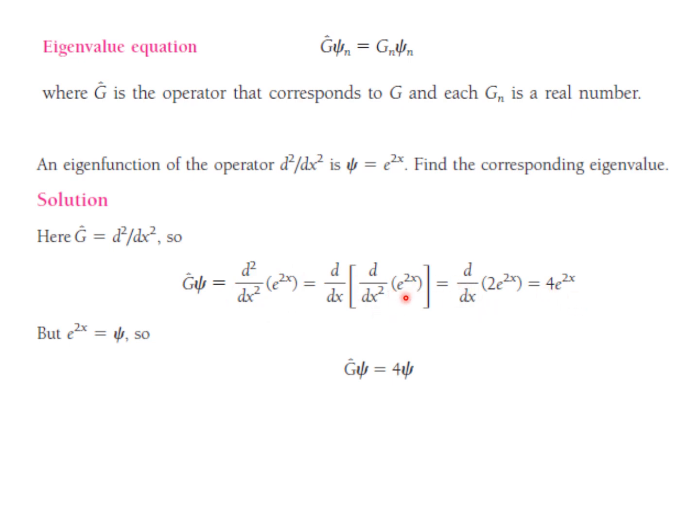We get first e raised to power 2x into 2, then again 2 into 2 into e raised to power 2x, so it gives 4 e raised to power 2x, and e raised to power 2x equals psi. So we get 4 into psi, and 4 is the eigenvalue, and psi, e raised to power 2x, is the eigenfunction.